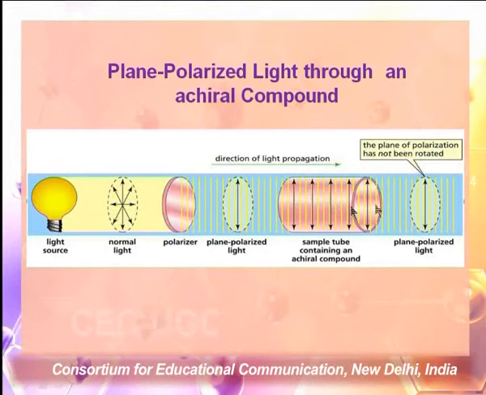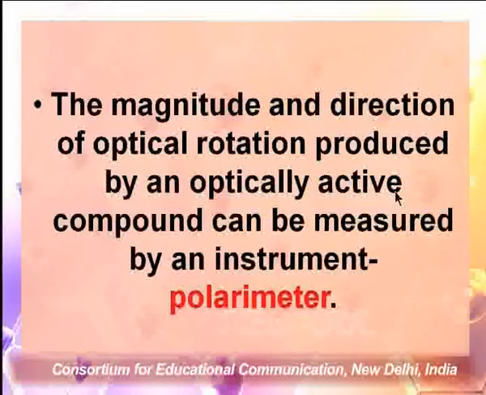So we say that this compound is optically inactive because it did not change the path of plane polarized light. Now this optically active compound may be optically active as such, or it may be a racemic mixture. Again, we will introduce the term racemic mixture in the next class, where I'll explain it.